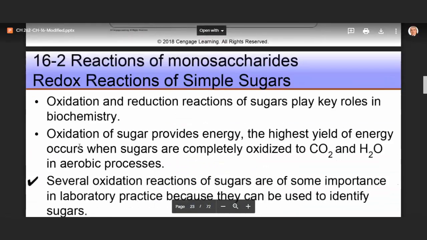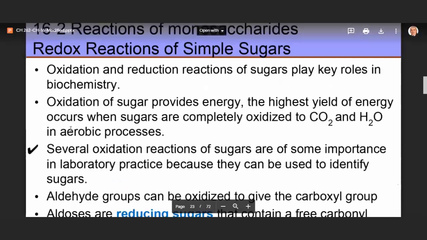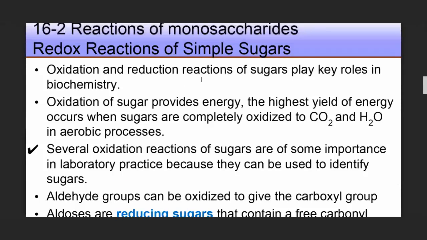What are some reactions of monosaccharides? Redox reactions of simple sugars. Oxidation and reduction reactions of sugars play key roles in biochemistry, as we will see.